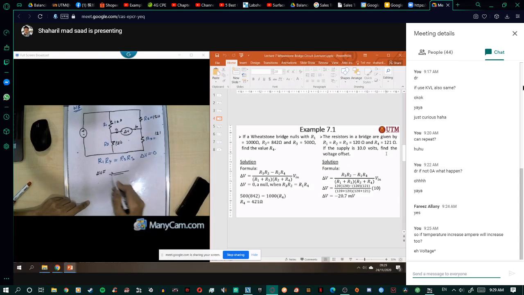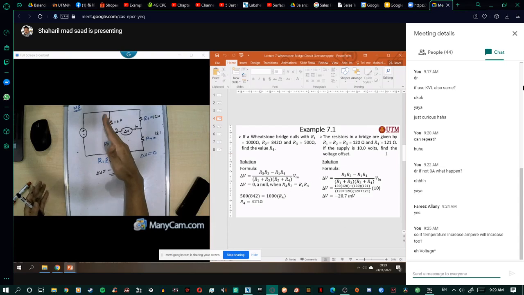And then you get minus 1. Minus is okay. Minus means the voltage at the right side of the bridge is more than the left side.